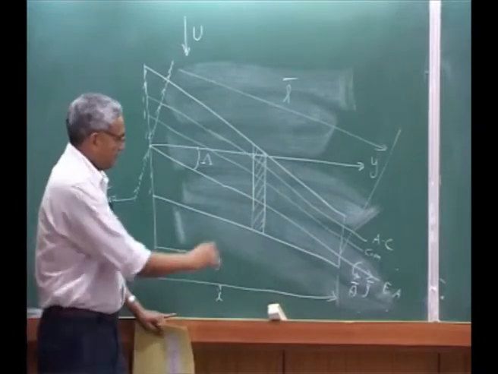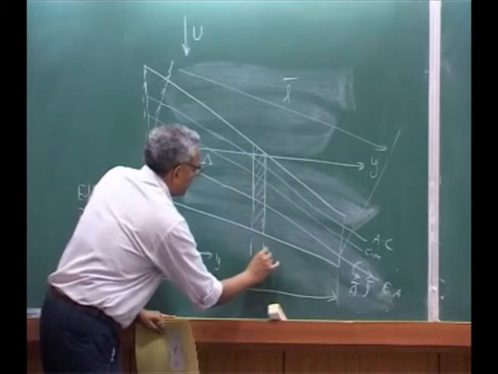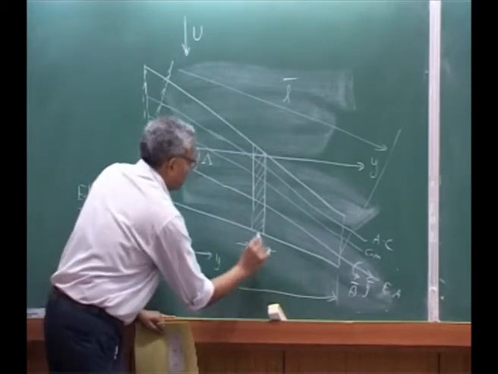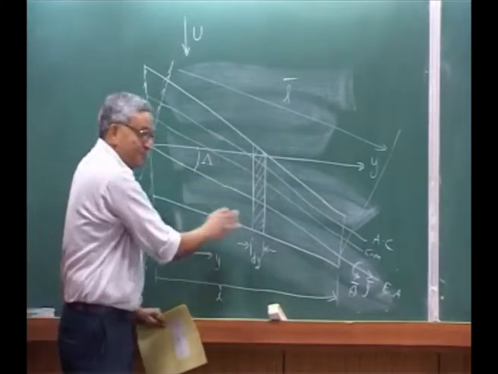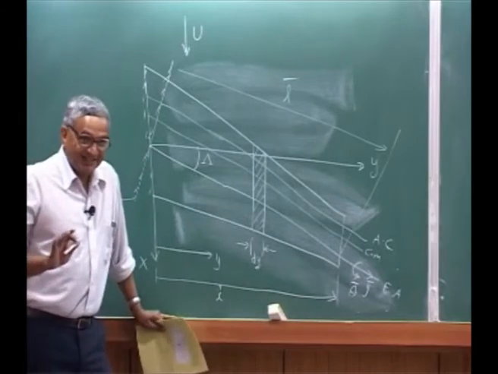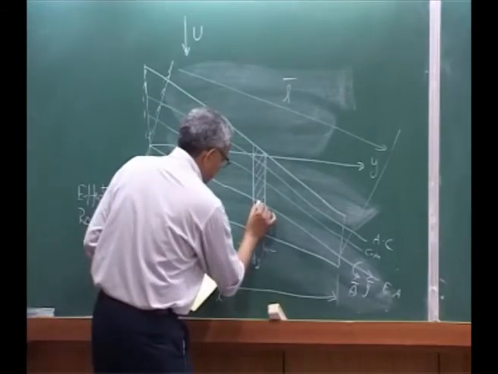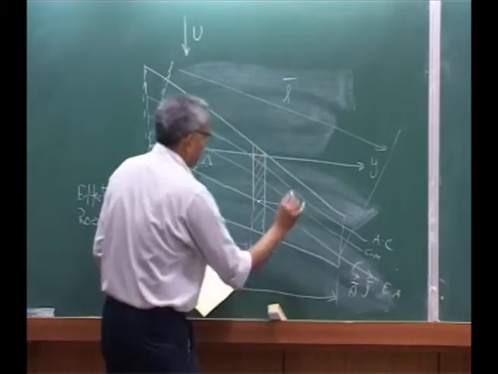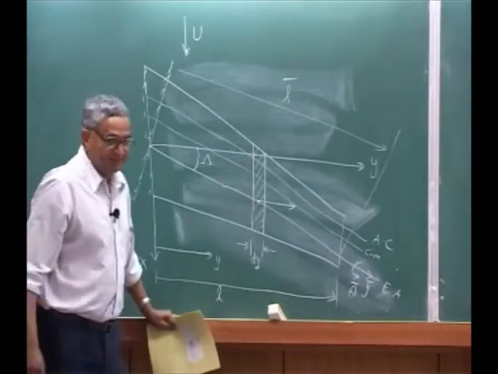Okay. Same thing we will now describe. This is a small section of the wing in the streamwise direction, okay, and this is along the y-axis.